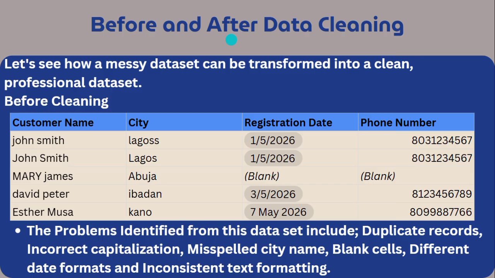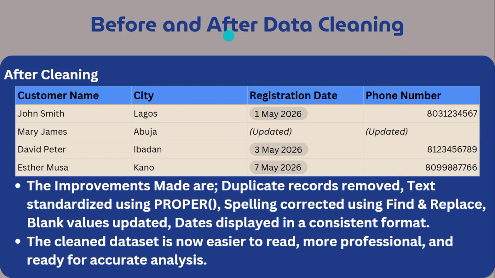When you have discovered all of these errors, this is how the data looks after you have cleaned it. So what are the things we have improved? We have removed the duplicate records. We have standardized the text using the PROPER function.